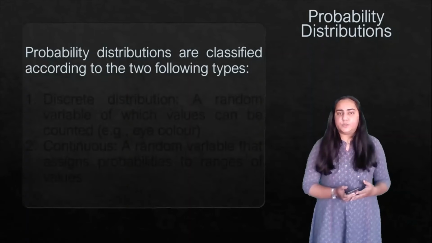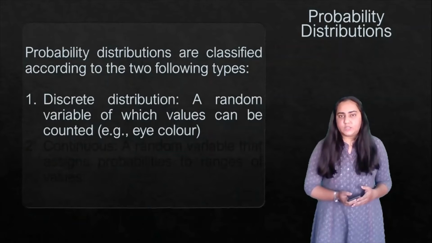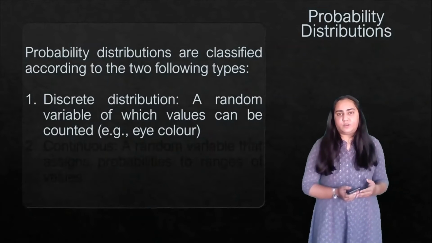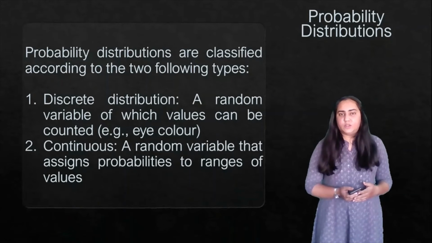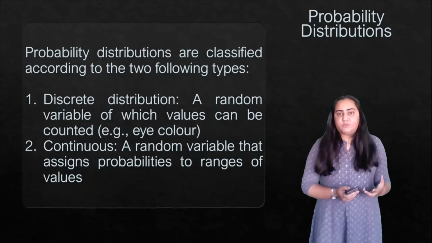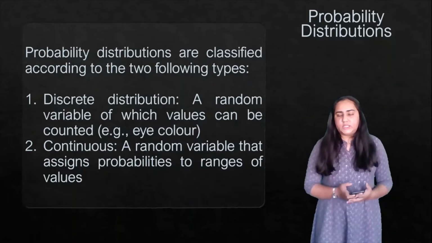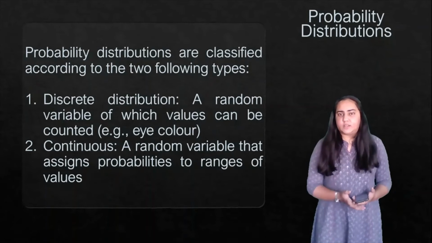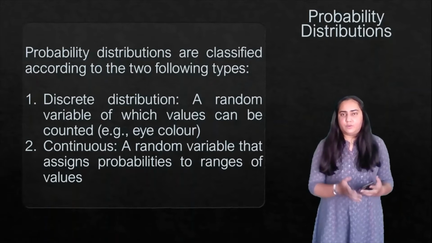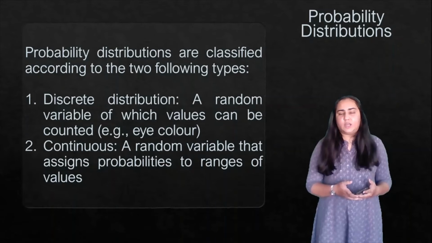Now, probability distributions are classified according to the following two types. The first type is discrete distribution, which is a random variable whose values can be counted, for example, eye color. Another is a continuous distribution, which is a random variable that assigns probabilities to ranges of values. For example, if I'm seeing different students in my class and I want to create a probability distribution based on the marks that they are getting, then I wouldn't do a discrete distribution because it doesn't make sense.